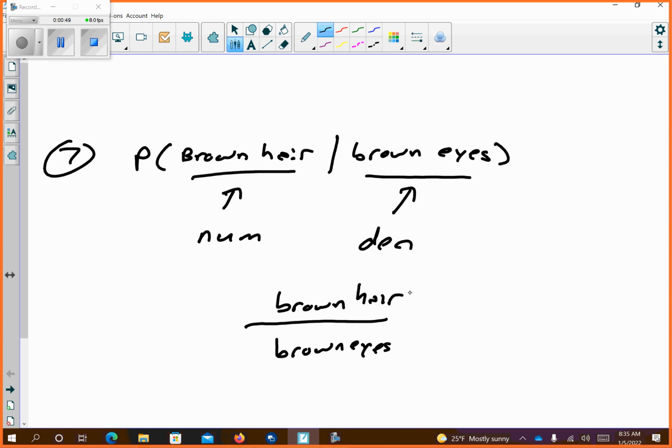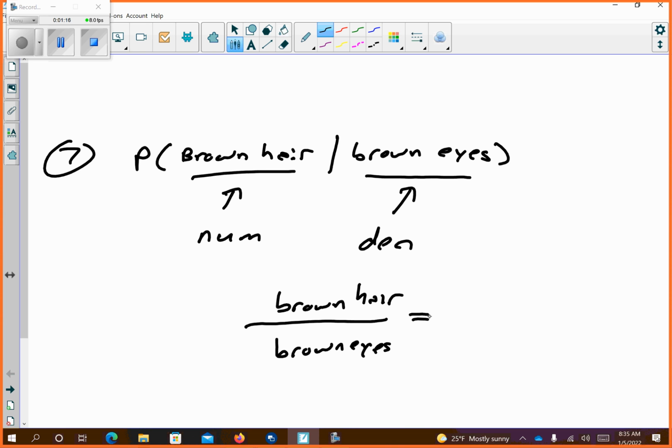Basically what we're doing in this situation is saying, okay, anybody with brown eyes, stand over here. Everyone else with other color eyes is over here. Now I walk over to the brown eye group, and I randomly select somebody with brown hair.